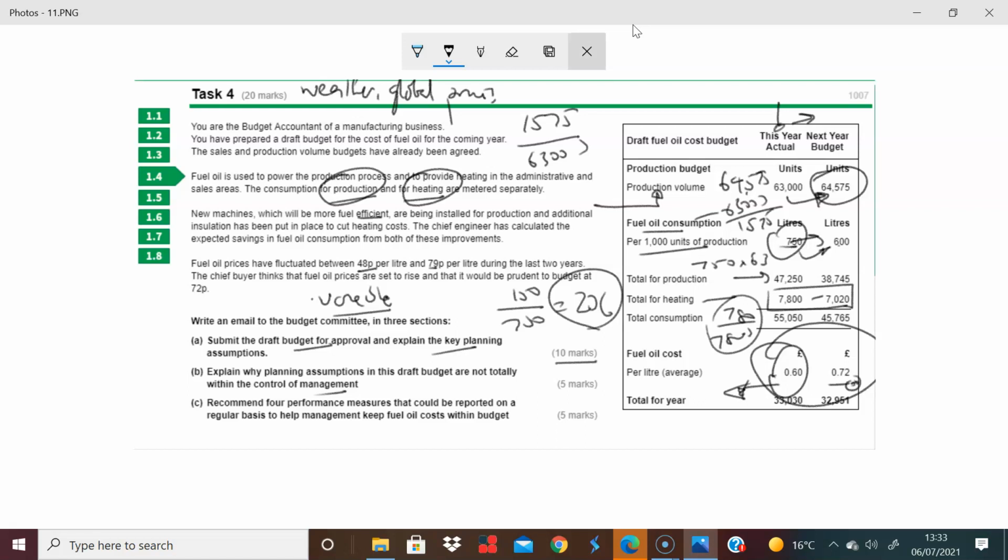I think the other thing here, of course, as usual, is this is just a budget, because you can have a change in actual demand for the product, and as a result, you will need to buy more fuel.